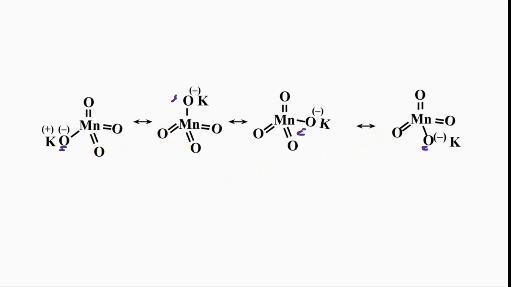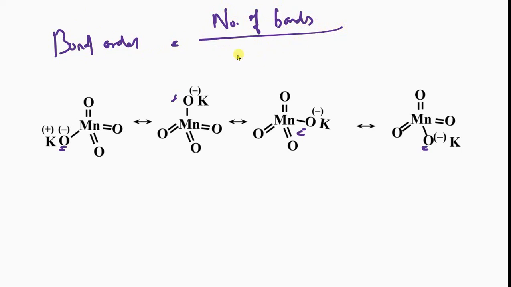Now we can think about the bond order. Bond order is equal to the number of bonds divided by the number of resonating structures.